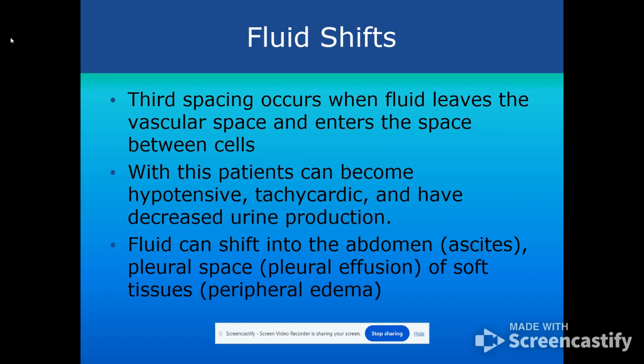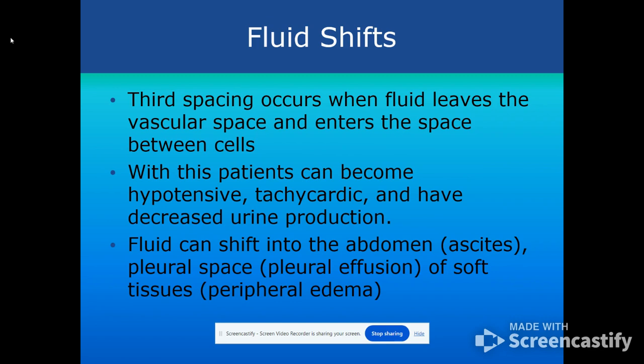Something called third spacing occurs when fluid leaves the vascular space and enters the space between the cells. It can be seen in patients like trauma victims and burns, especially with burns. There's a fluid shift that occurs because there are cells that mediate, especially red blood cells, that will go to the burn, and white blood cells to try to fix it, to try to heal it.